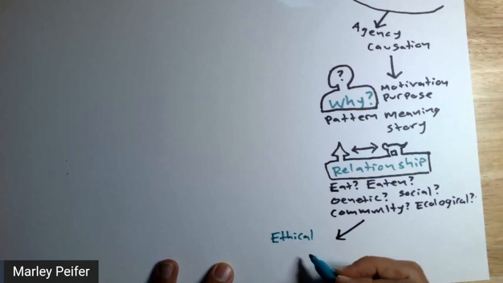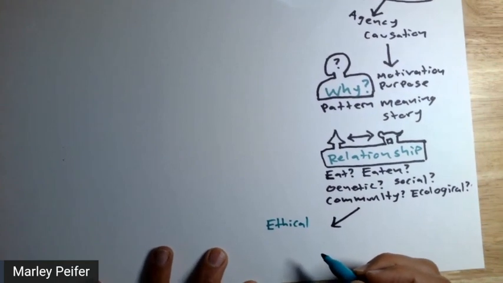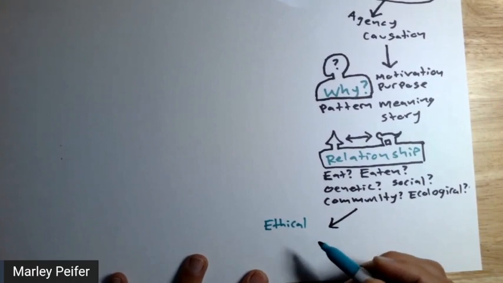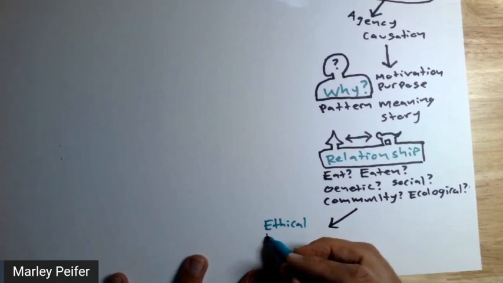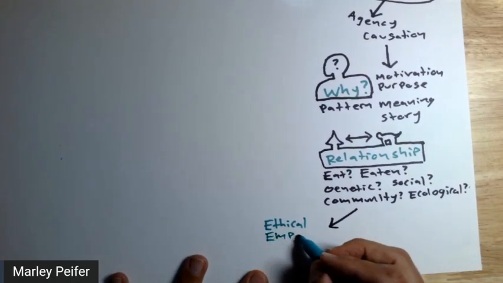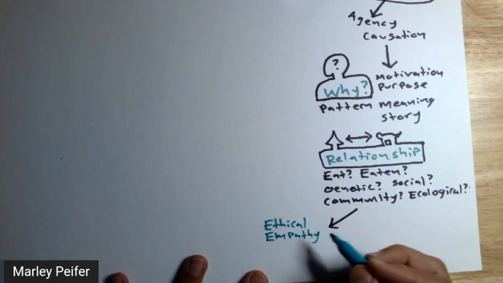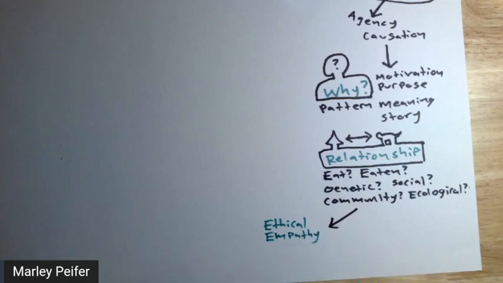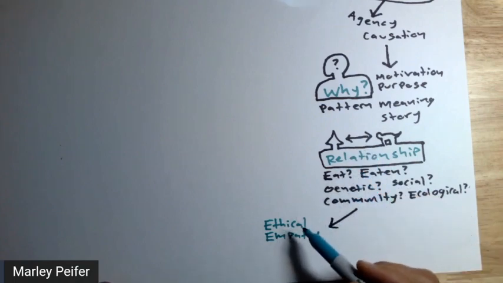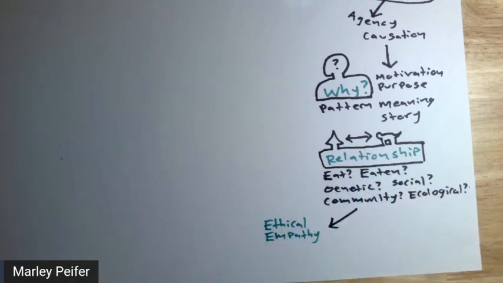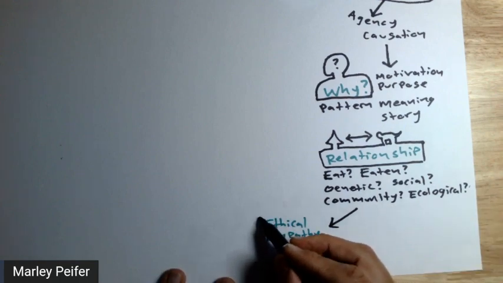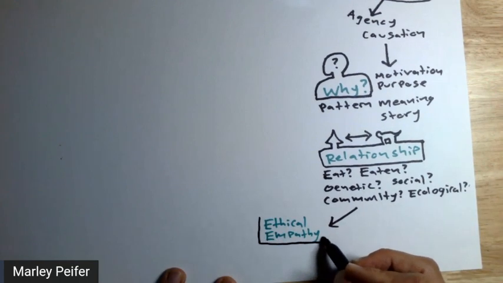I mean, the ethical ones, I think, are built in somehow to the way we work as human animals. But sometimes, when we're looking at nature from a Western perspective, we separate ourselves from nature and forget that we are also in relationship with nature.